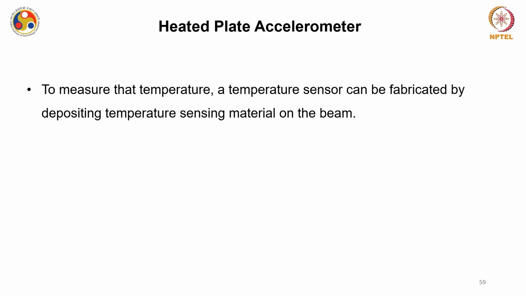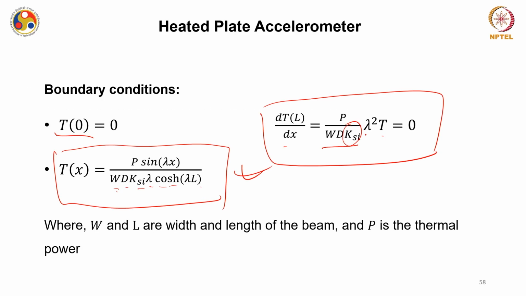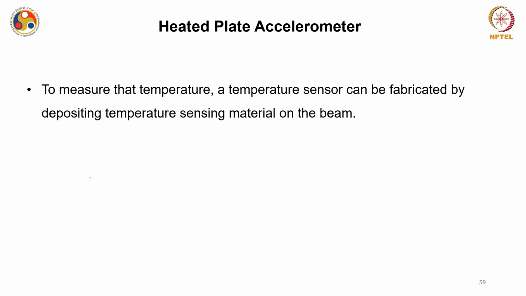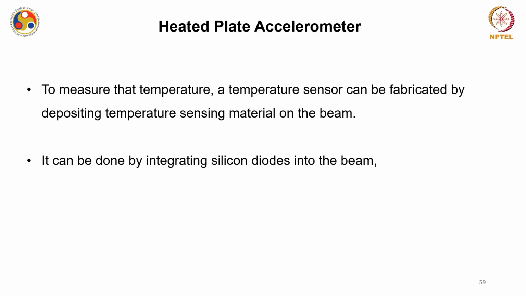So this temperature has to be measured because it is a function of x. To measure that temperature, a temperature sensor can be fabricated by depositing temperature sensing material directly on the beam, because you do not have any external means to detect this temperature.